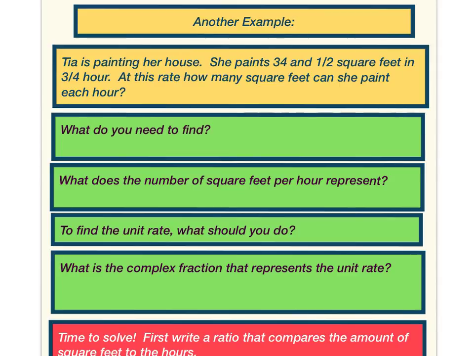Okay, let's try another one. Tia is painting her house. She paints 34.5 square feet in 3/4 of an hour. At this rate, how many square feet can she paint each hour? What do we need to find? Well, we need to find how many square feet she paints per hour.